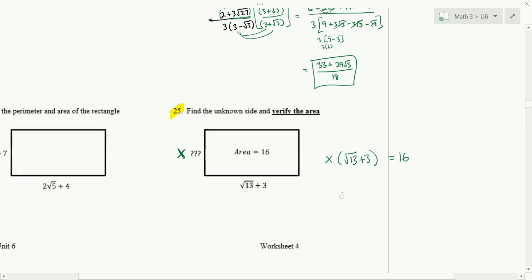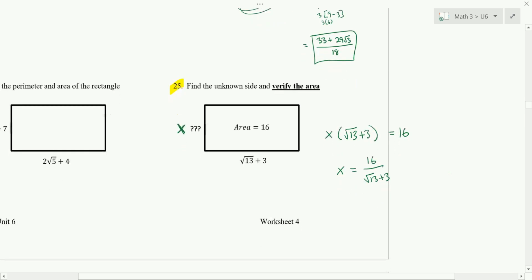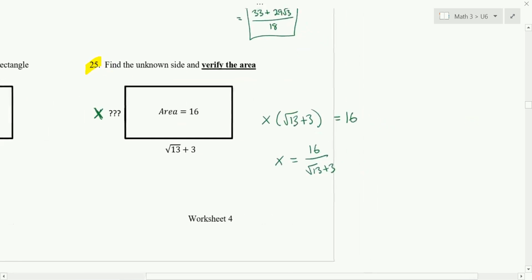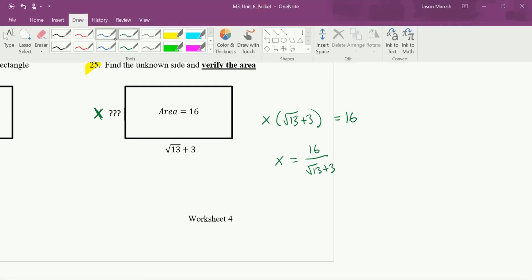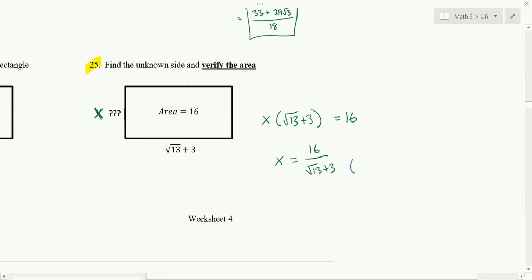So let's get x by itself by dividing both sides of the equation by square root of 13 plus 3. And so that's our unknown length, but we always want to rationalize that denominator, so we're going to do that by multiplying by the conjugate, root 13 minus 3 over root 13 minus 3.